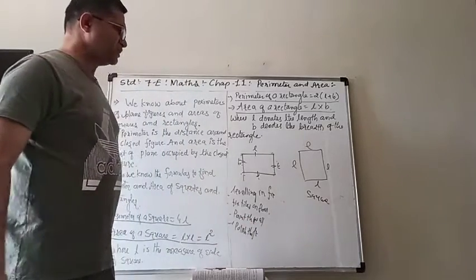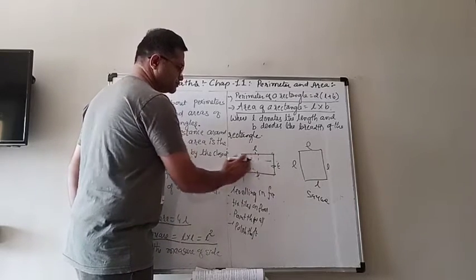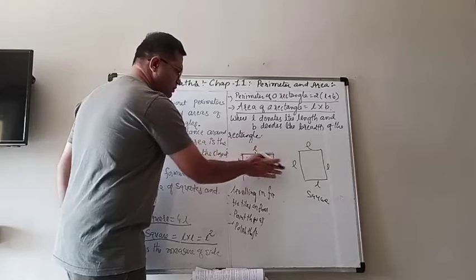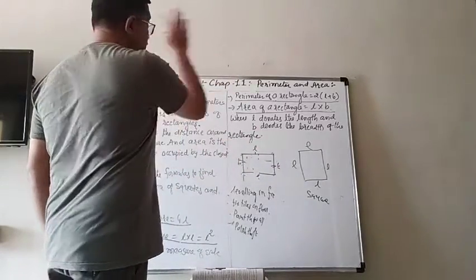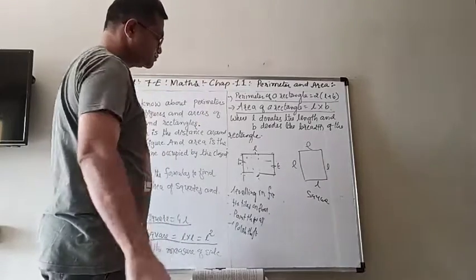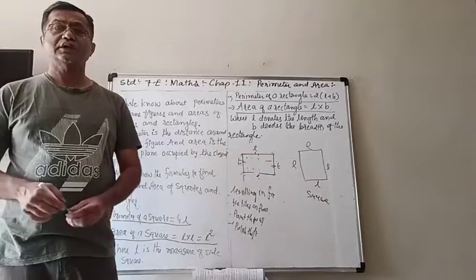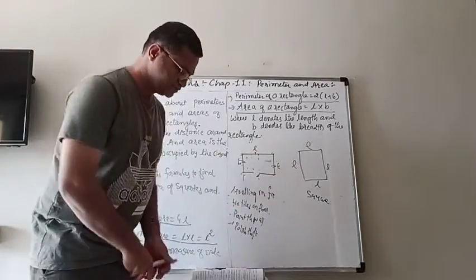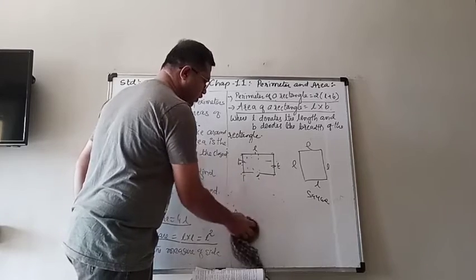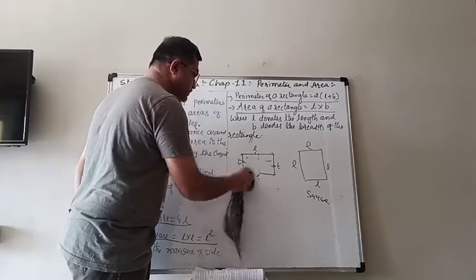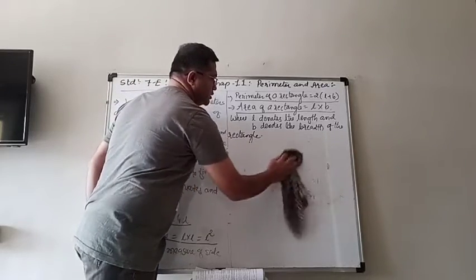In all these situations, the tiles we are putting inside on the floor. Leveling is also inside. Painting the wall is the whole thing, not the boundary. Polishing the floor, the whole thing. In all these situations, it is inside the boundary, not on the boundary, but between the boundaries. So that is the area.